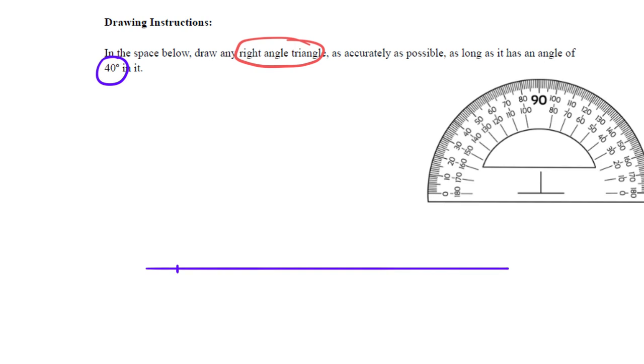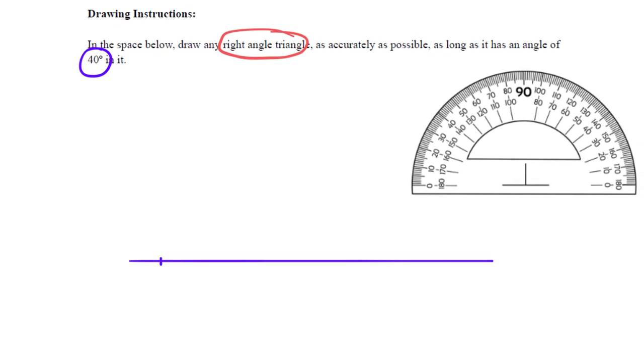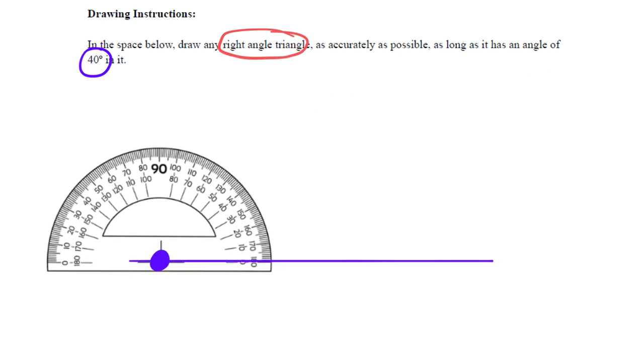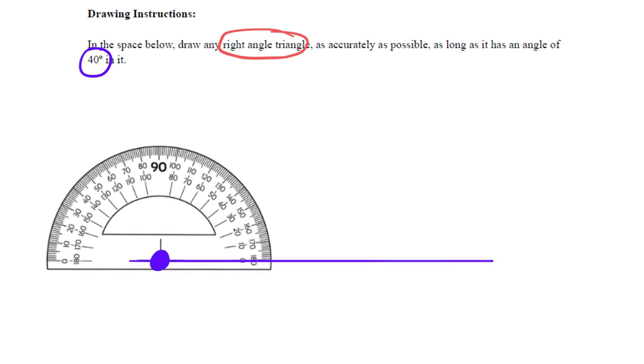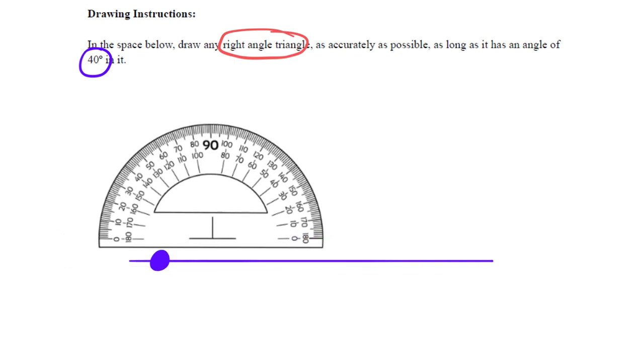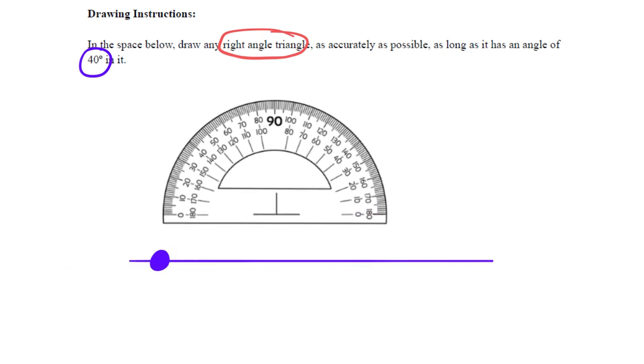Now, what I don't want to do is make that tick so big that when I bring my protractor over, I have a really tough time trying to figure out where that vertex should go on my protractor. Remember, I'm trying to line up that little T, that intersection, exactly on the vertex of my triangle.